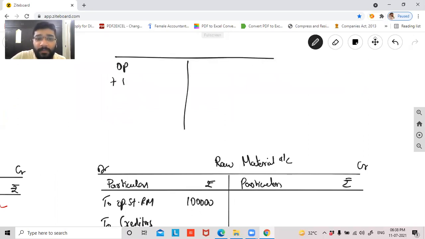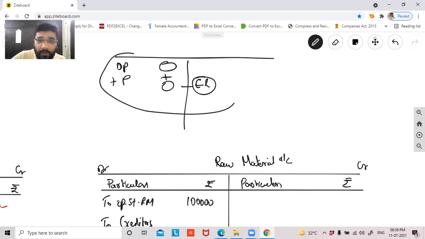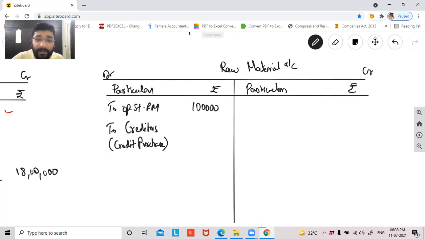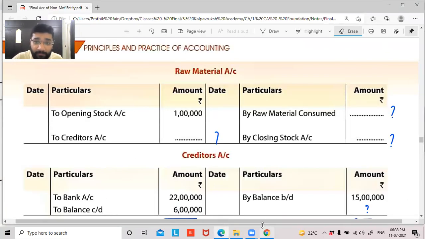Opening stock plus purchase minus closing stock. This part alone of raw material, we are reflecting in the form of a ledger account. So opening stock of raw material 1 lakh, creditors, that is credit purchase, is missing, guys. We have to find that out.